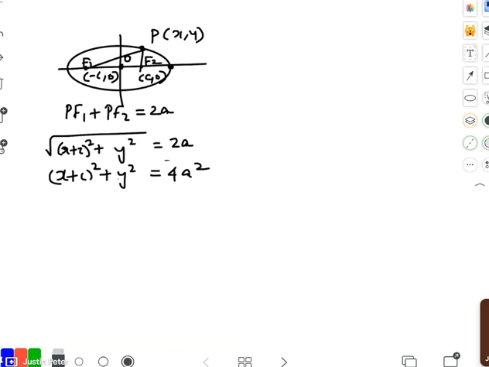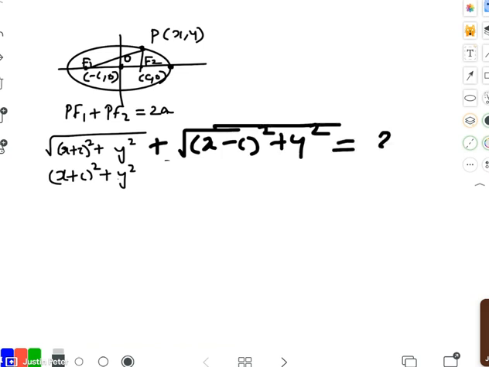This is only for PF1 alone, correct? We have not found PF2. What is PF2? Root of x minus c square plus y square, guys.